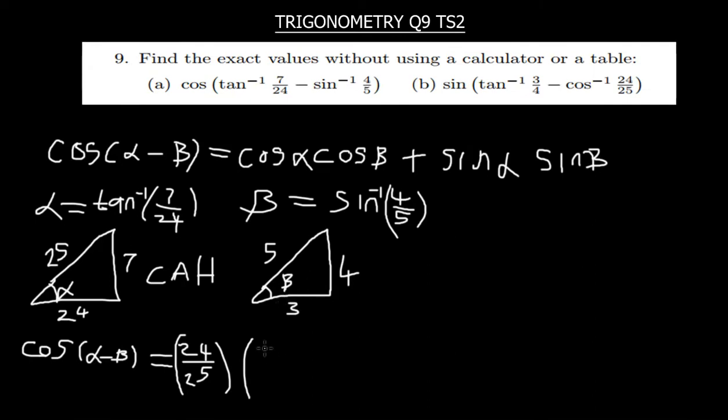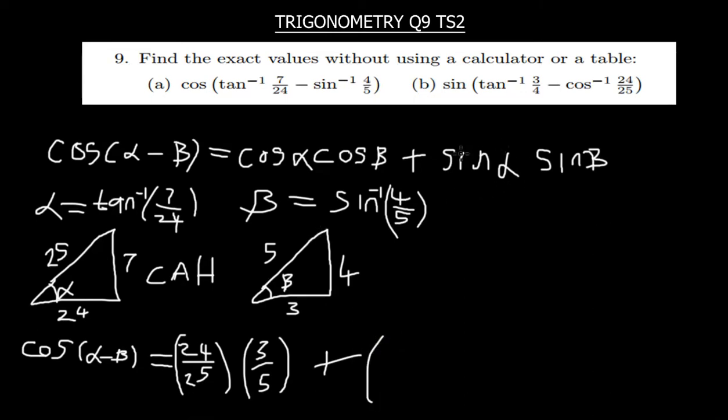So adjacent here will be 3 over my hypotenuse there, which will be 5. And then I'll put a plus, this plus here, and open another set of brackets.